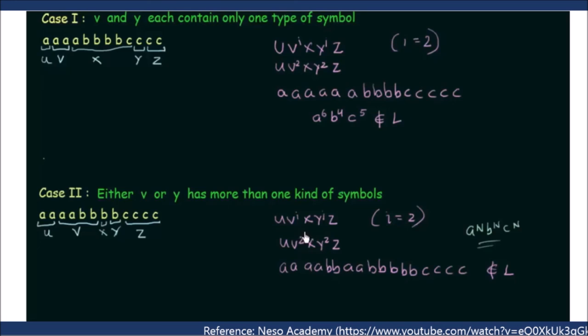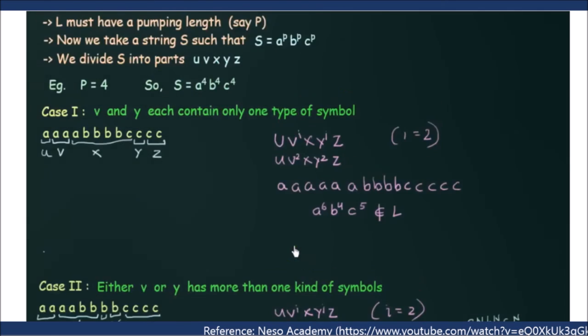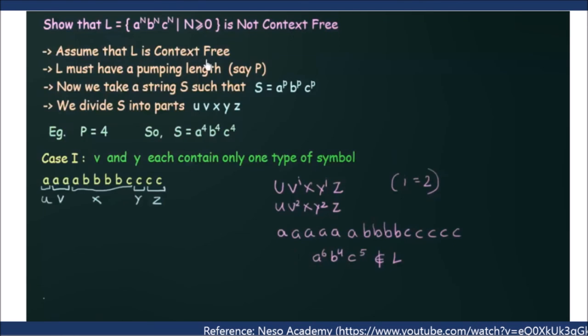If you want, you can check it, but since 1 itself fails, it is a contradiction to our assumption that L is a context-free language. So our assumption does not hold, and hence this language L is not context-free.